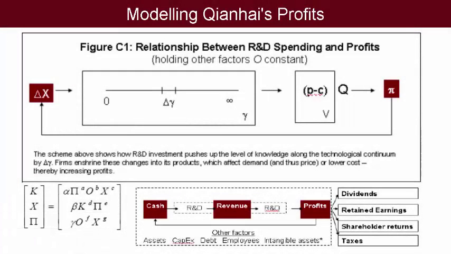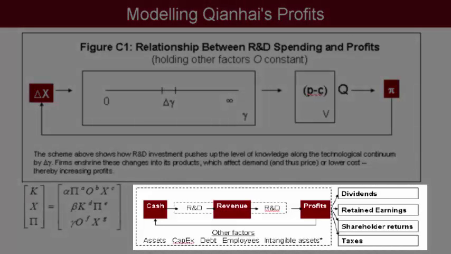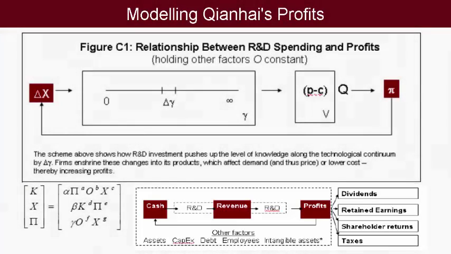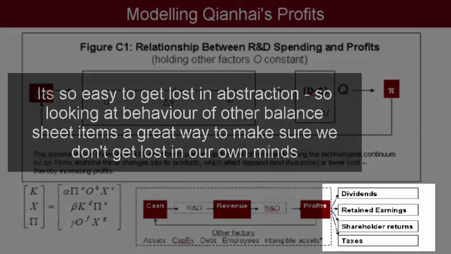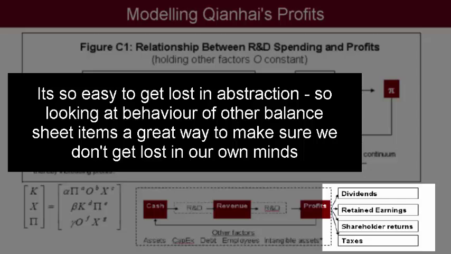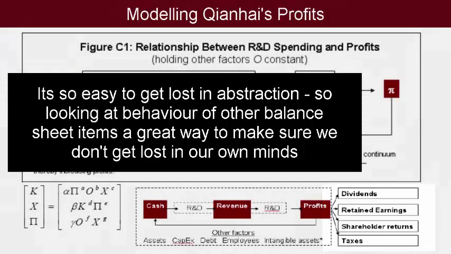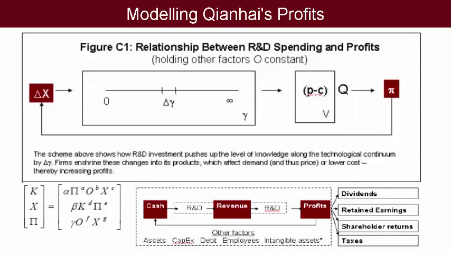Looking specifically at these firms' balance sheets, we try to trace the impact on profits from cash through R&D spending onto revenues and eventually into profits. Naturally, we have to look at the impact on dividends, retained earnings, shareholder returns, and tax payments in order to make sure that changes in these factors actually line up with the changes we observe in profits.